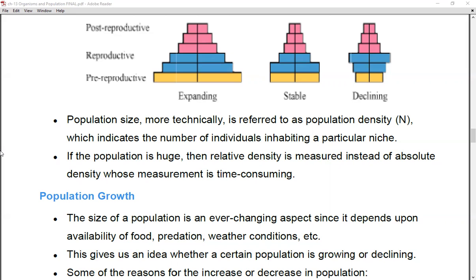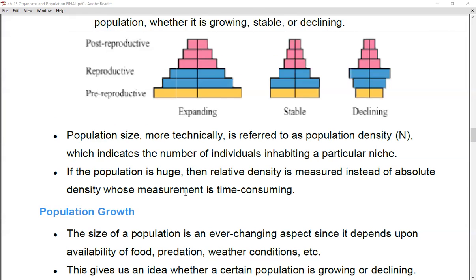But absolute density takes more time when there is a larger population, right? So if the population is more, then the measurement should be done with the relative density, because the absolute density takes much more time to calculate the population.